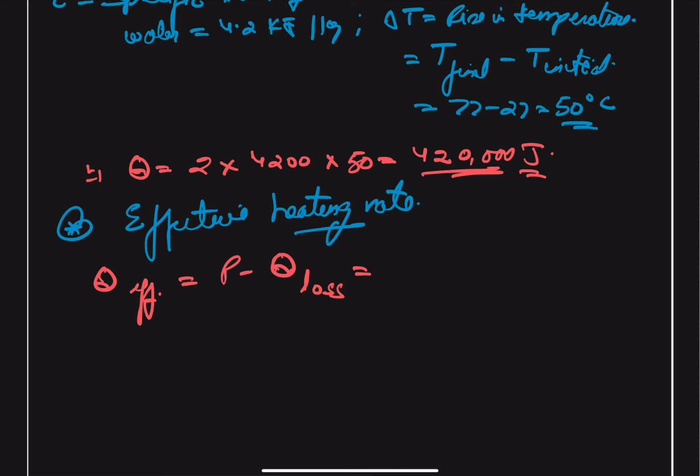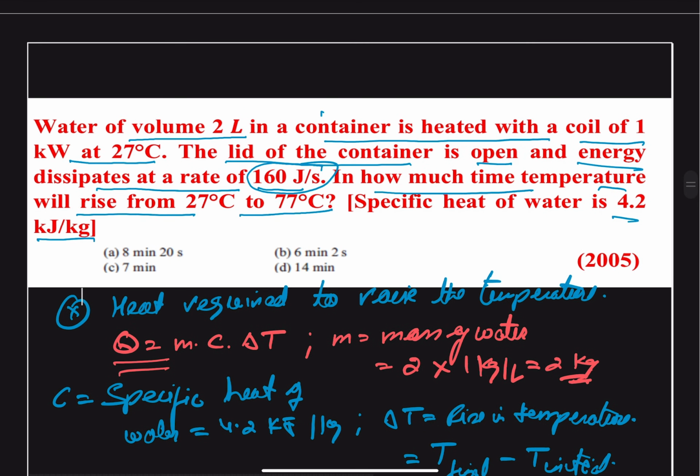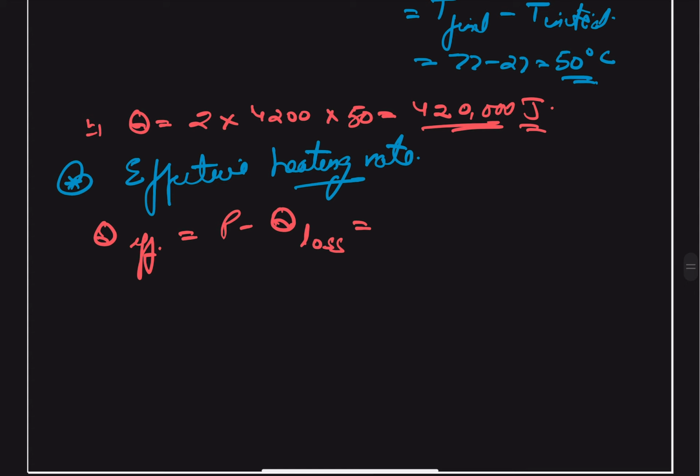P is given to us, and sorry, the loss is 160 joules per second. Therefore, we can say that Q effective will be equal to 1000 minus the loss of 160, and this comes as 840 joules per second.